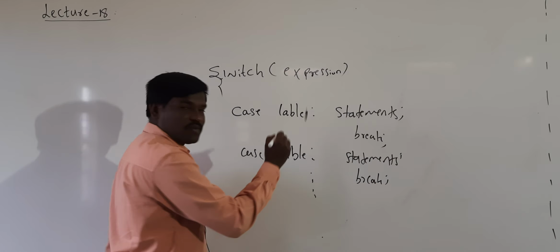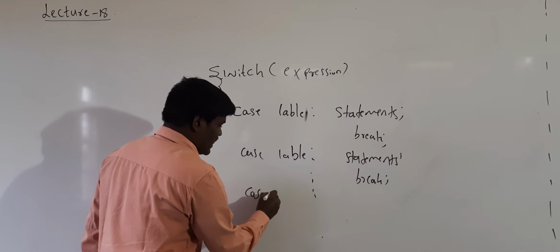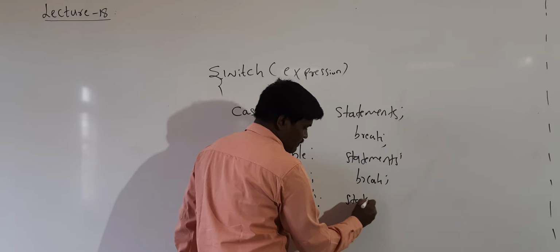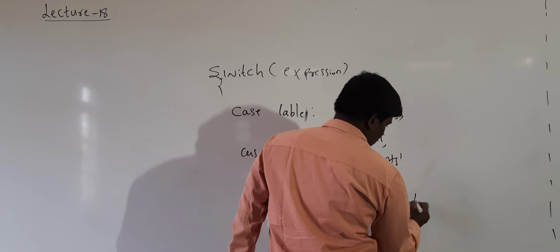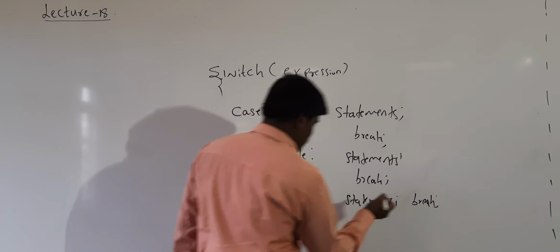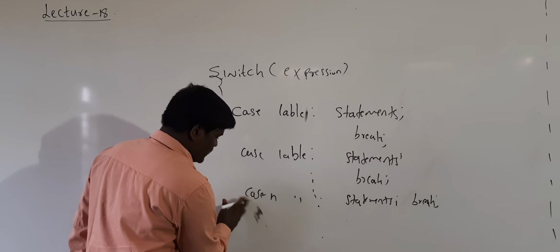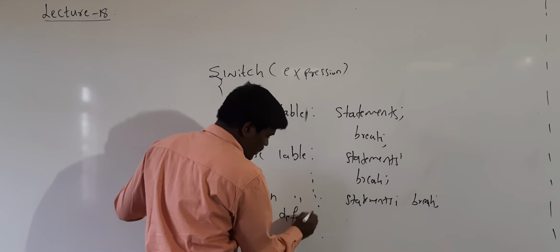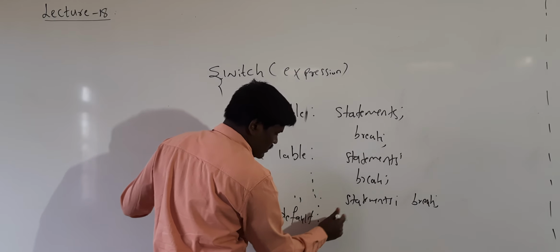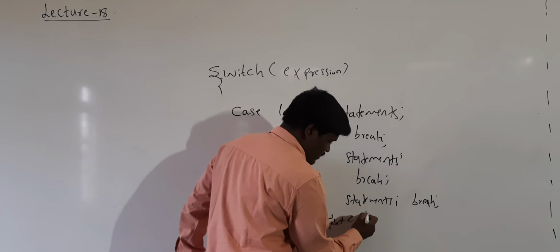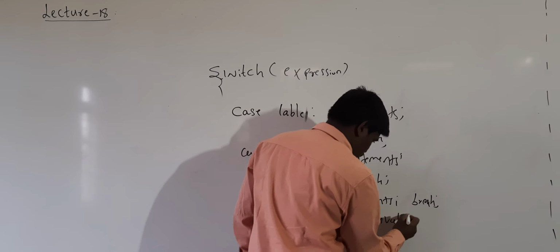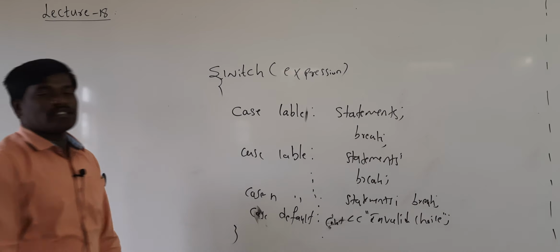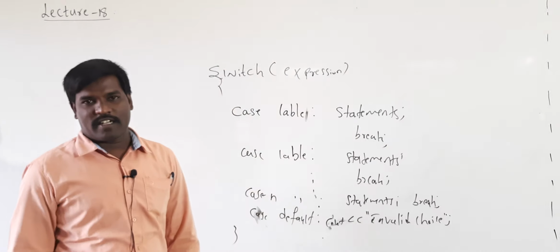So this process will repeat up to case n, label, statements, break. Case default, cout, invalid choice. So this is the syntax for the switch statement.